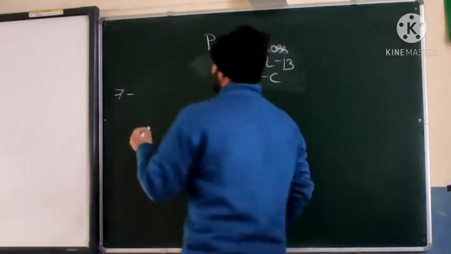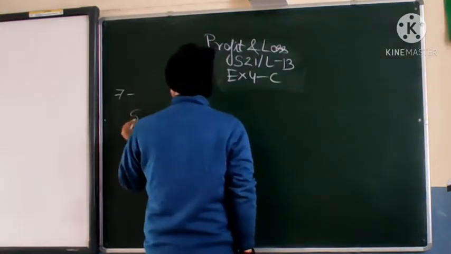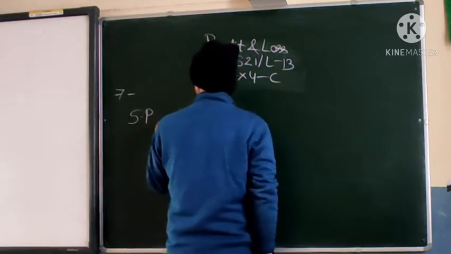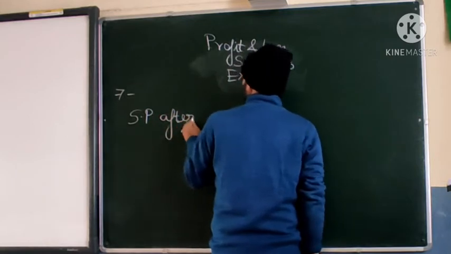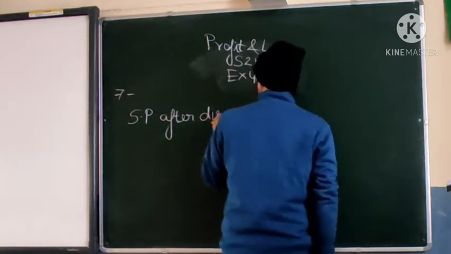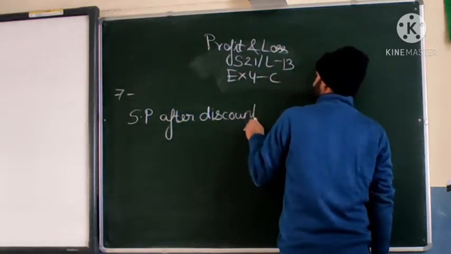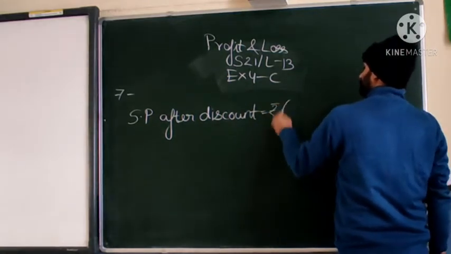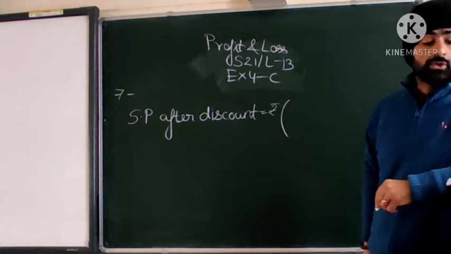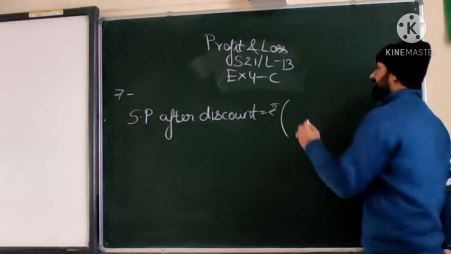So right here, SP after discount is equal to how much? Now see, how much discount is there? 20% discount. That means he is charging 80% of the marked price.